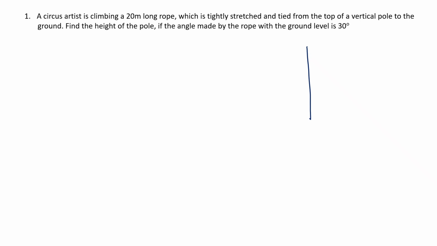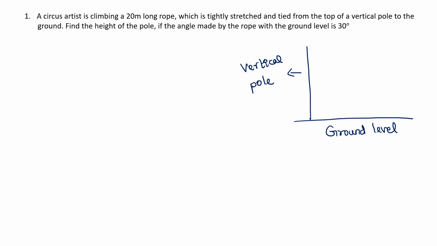This is your vertical pole and this is the ground level. A string is stretched and tightly tied from the top, and from there it is tied to the ground.